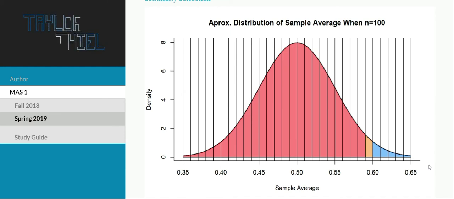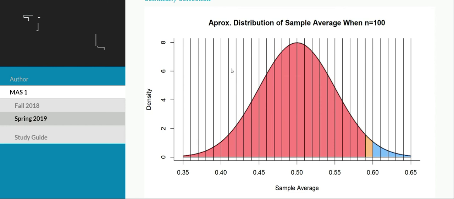In our sample size of 100, what are the possible values of our sample average? Since we have 100, we might get 50 successes, and that corresponds to a sample average of 0.5. Or if we got one more success, that would be 51, 52, 53, and so on. So you'll notice that there's literally only 101 possible sample average values, ranging from 0 to 100 successes.